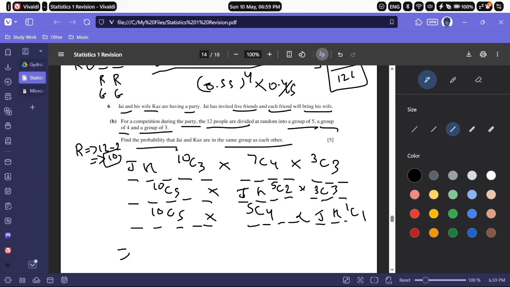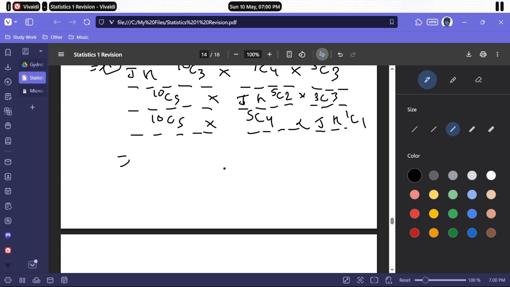Plus 10C5 times 5C2. Then plus 10C5 times 5C4. 5C4 is just 5. You can remember those tricks as well.